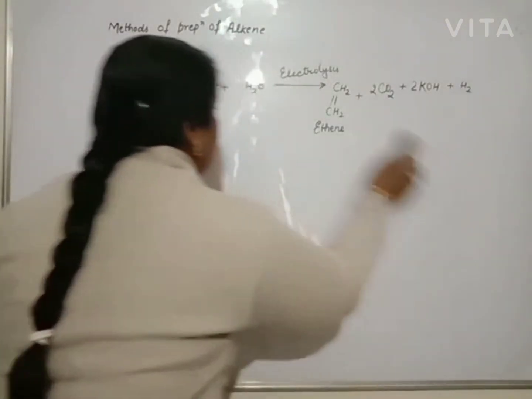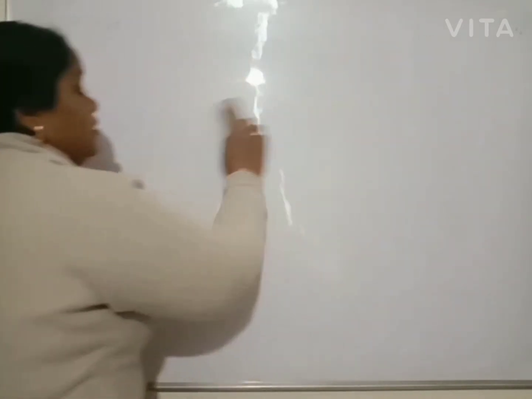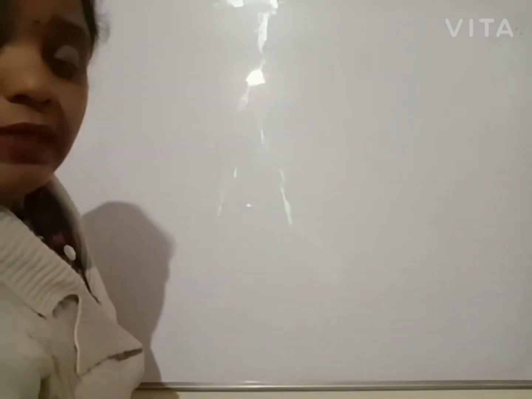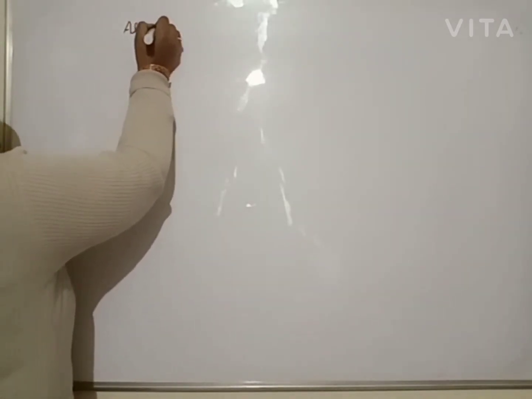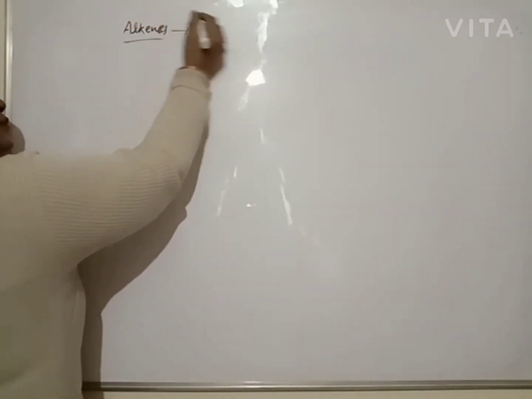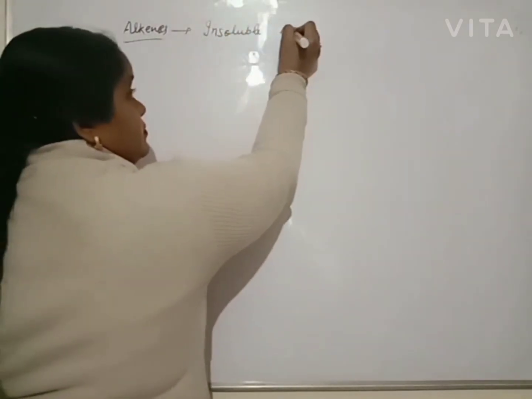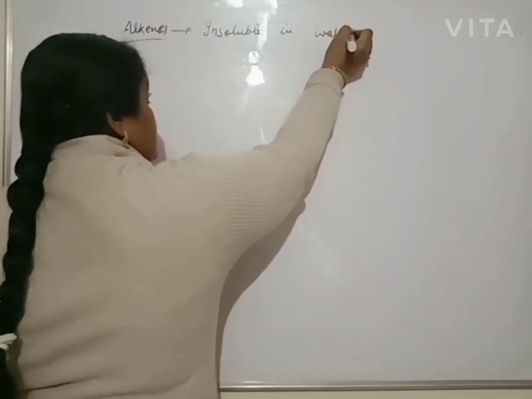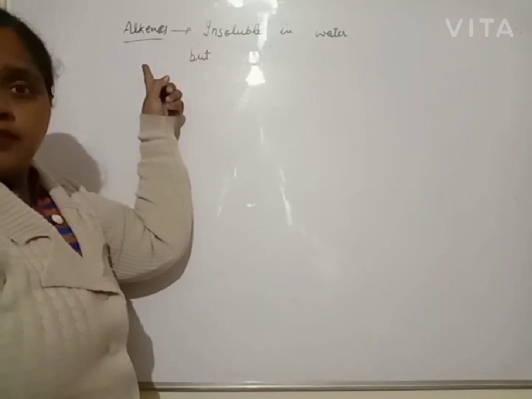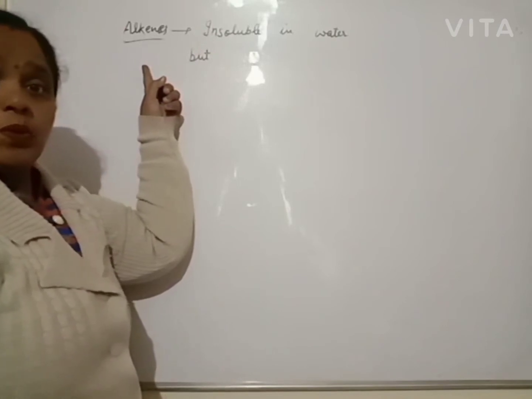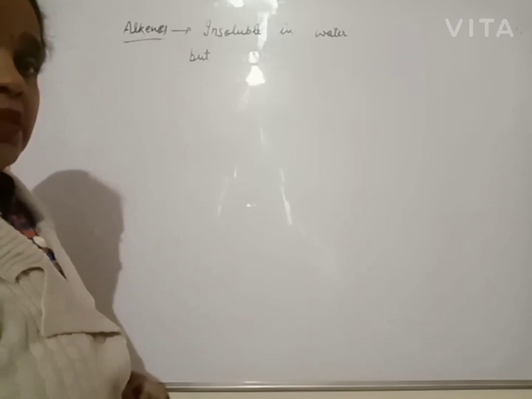Another physical property is solubility. Beta, solubility. Normally, alkenes are insoluble in water. But beta, alkenes are non-polar in nature, so they will dissolve in non-polar solvent or organic solvents, because like dissolves like.